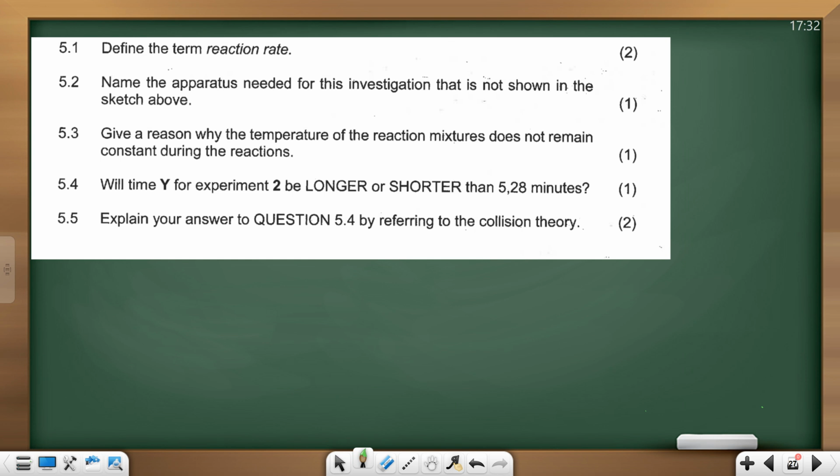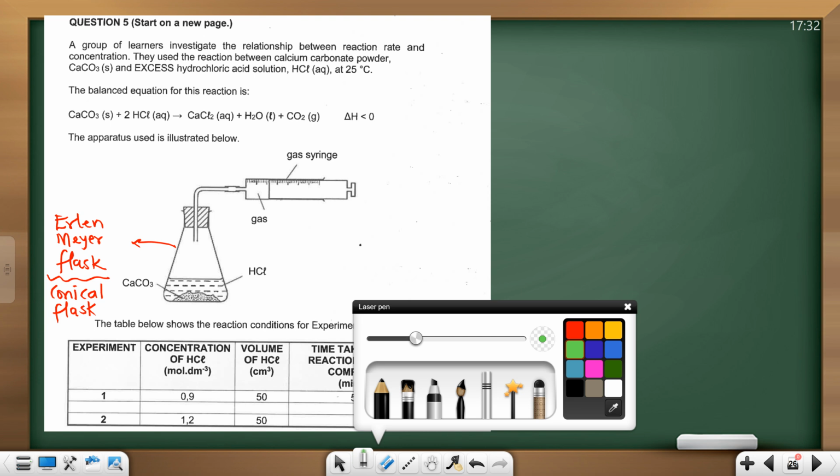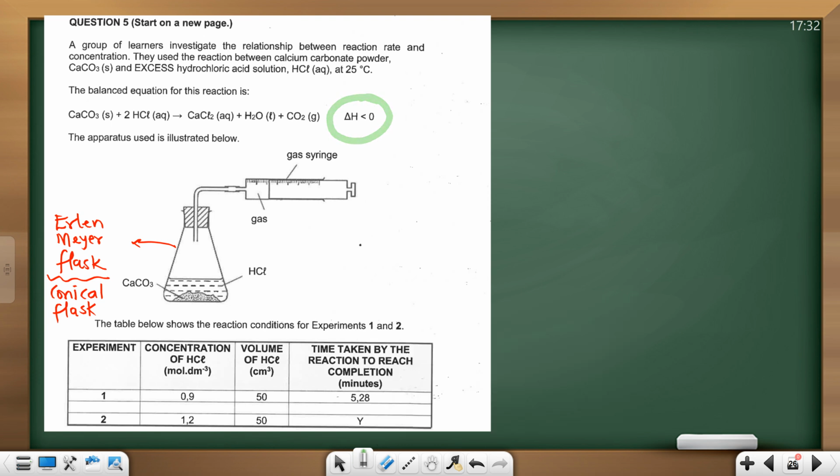Name the apparatus needed for this investigation that is not shown in the sketch. Ooh, let's go check. This reaction, okay, beautiful. What is this reaction? Look at this. Less than 0, it's exothermic. Okay, this is exothermic. So we don't need heat, because if it was endothermic right now, they would say probably we need heat.